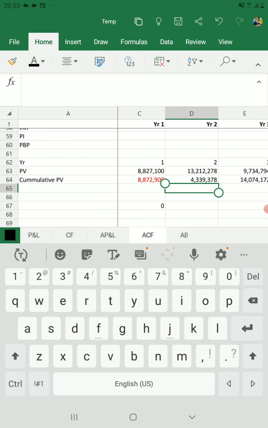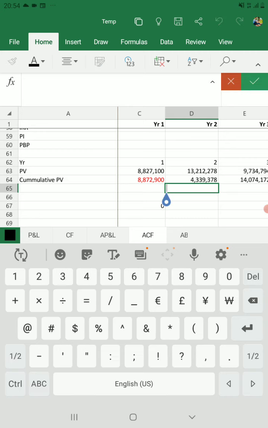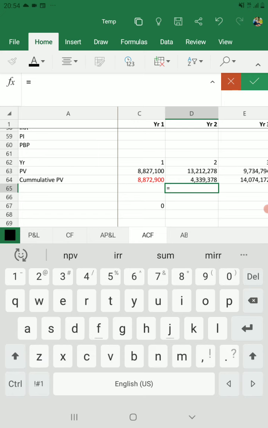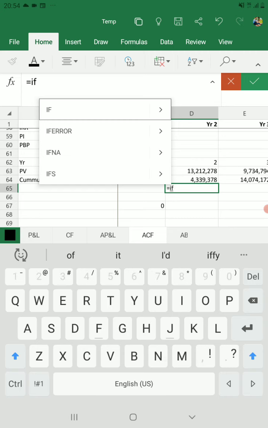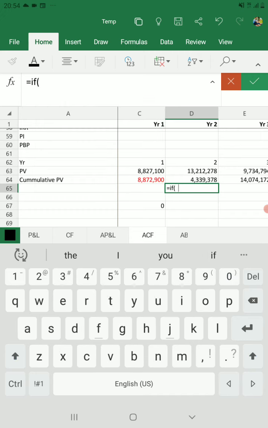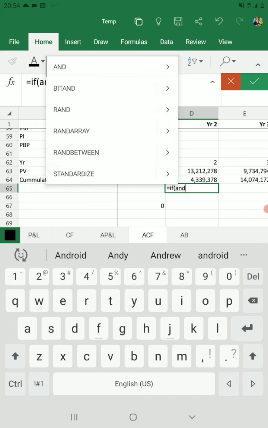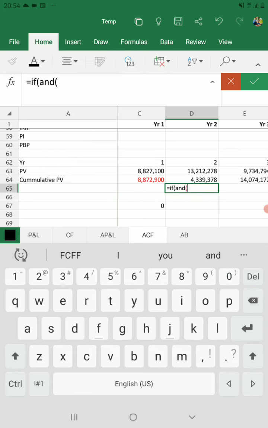So I'm going to put a formula here by starting with equal sign, and then say IF, and then put a bracket, and then say AND, then bracket.